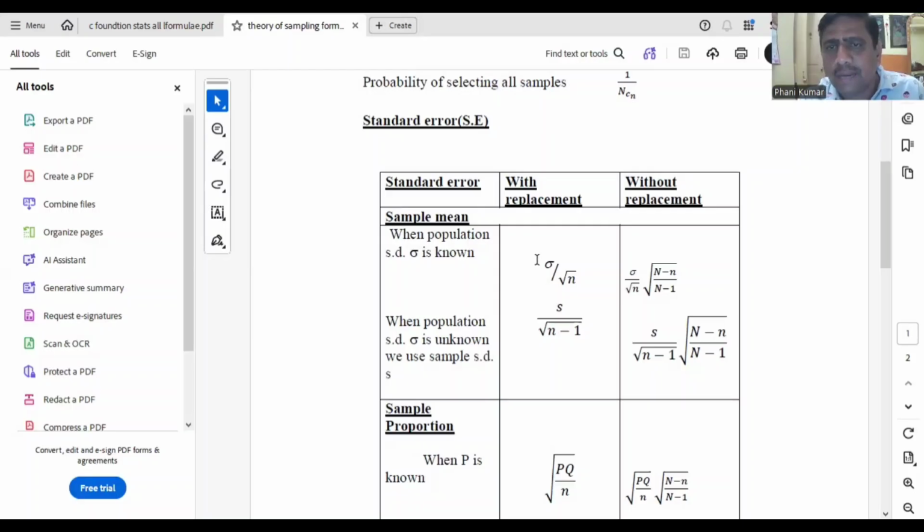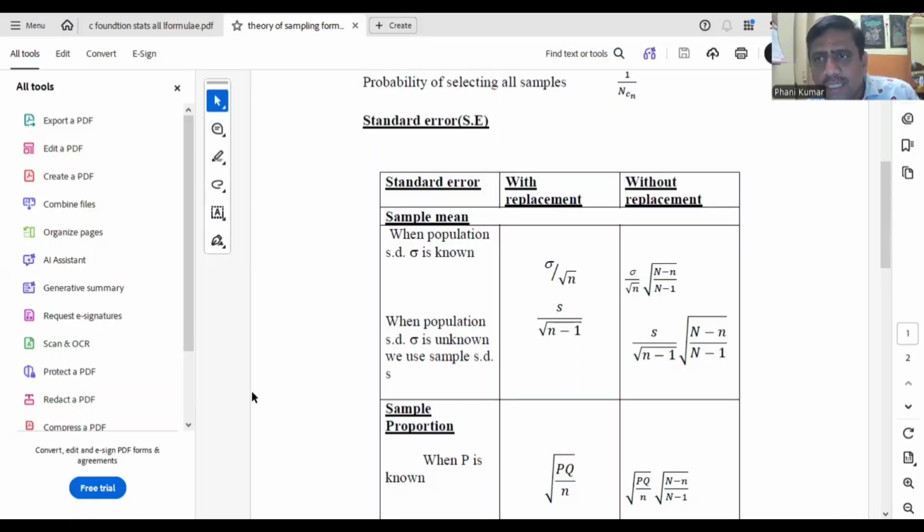This part, root of (N minus n) by (N minus 1), is known as FPC, finite population correction.